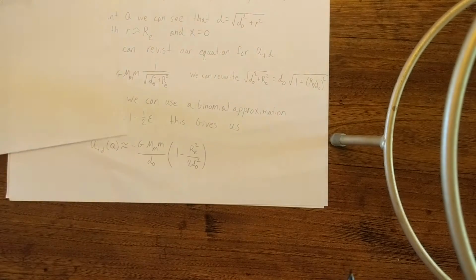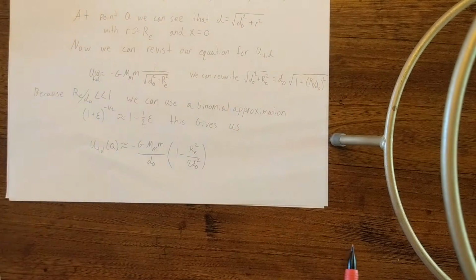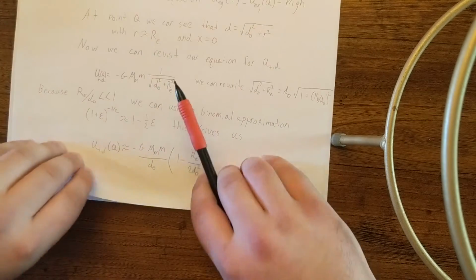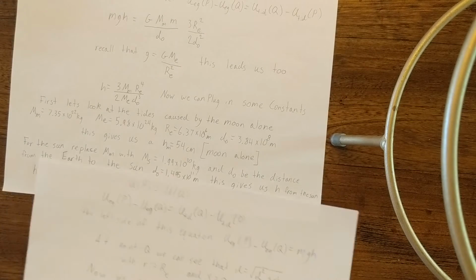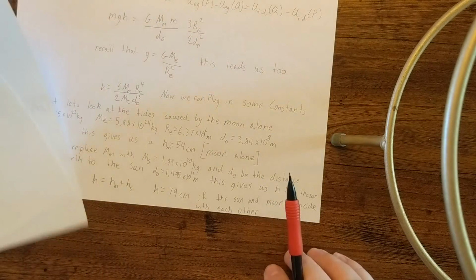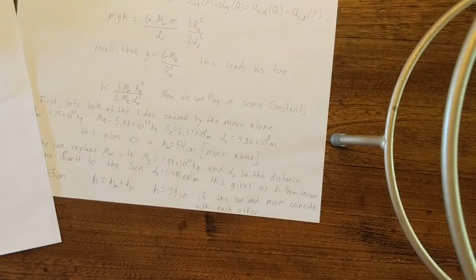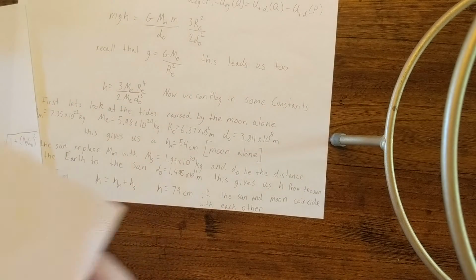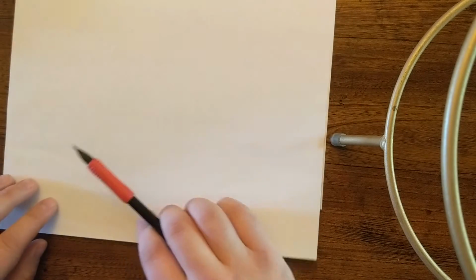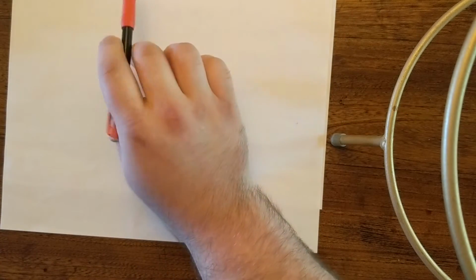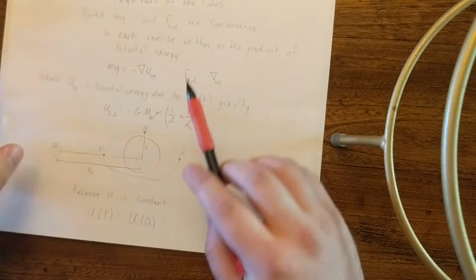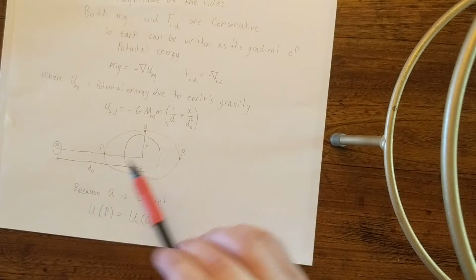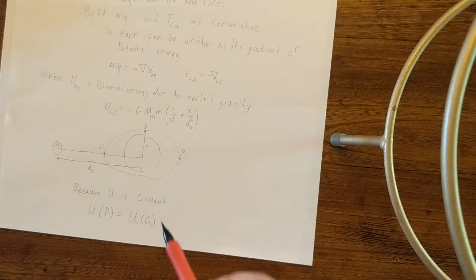And once again, this was the diagram I was mentioning. All right, so now we have our tidal force at Q. Now we need to get our tidal potential energy for point P. This is actually quite similar to the tidal force of Q. You can see the sign is switched, and that's mainly because if you look over here at our graph, D in this case from point P is D naught minus RE, and X is no longer 0.